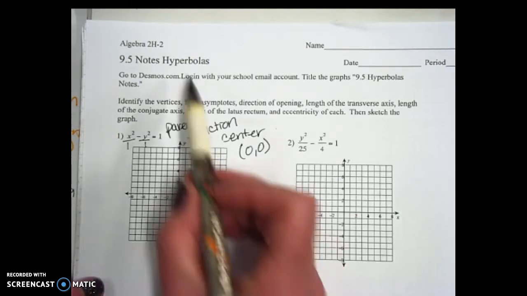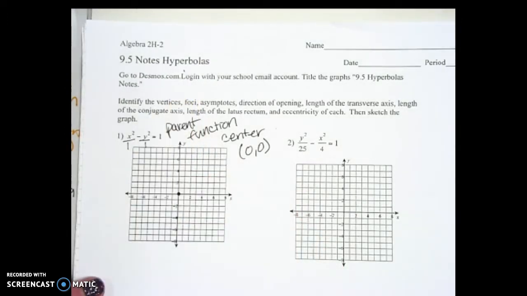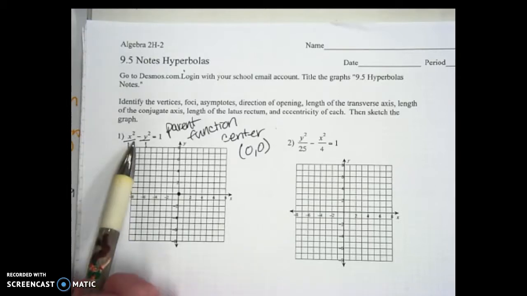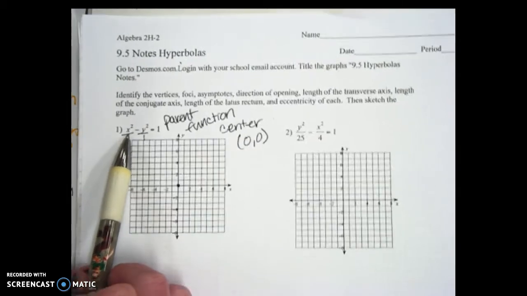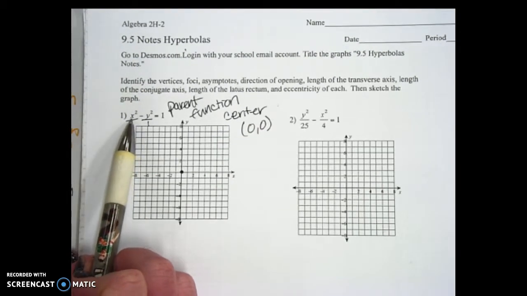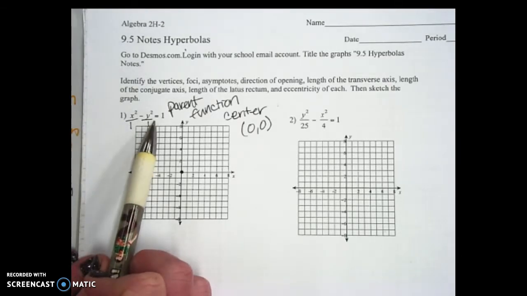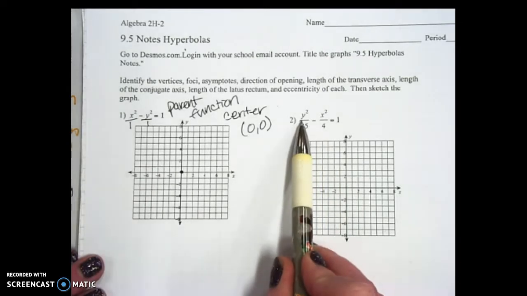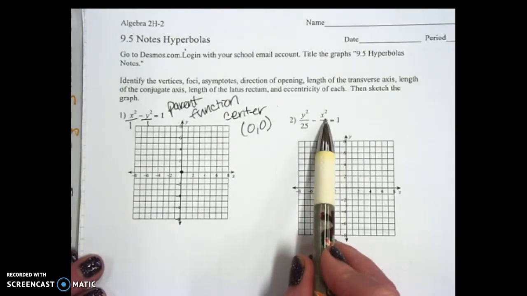And so a hyperbola is either going to open up and down or right and left. So the way to tell is which variable is first. Notice right here, this one starts with the x squared, then minus the y squared. Notice number 2 starts with y squared minus the x squared.